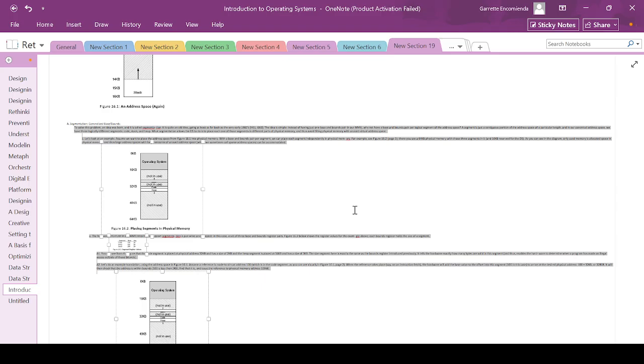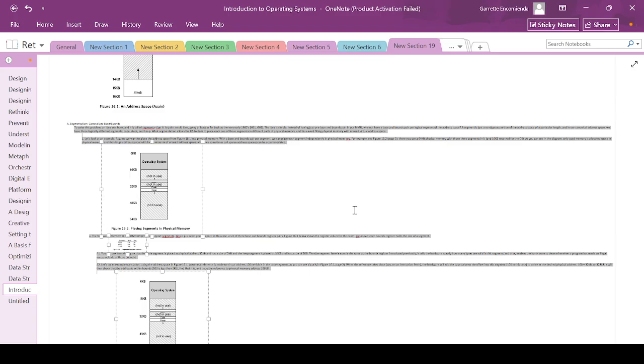What segmentation allows the OS to do is to place each one of those segments in different parts of physical memory, and thus avoid filling physical memory with unused virtual address space.